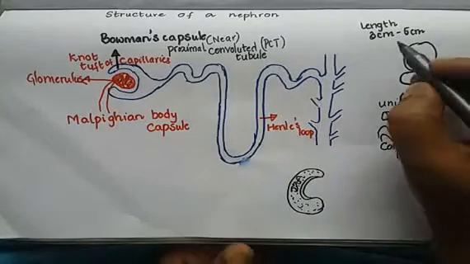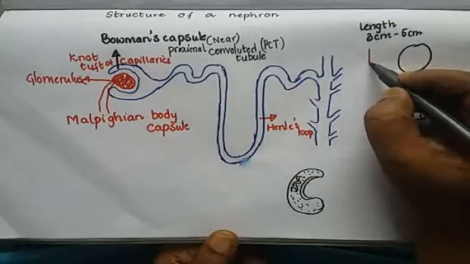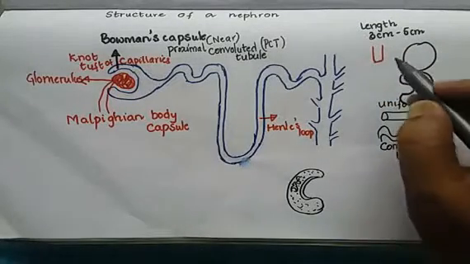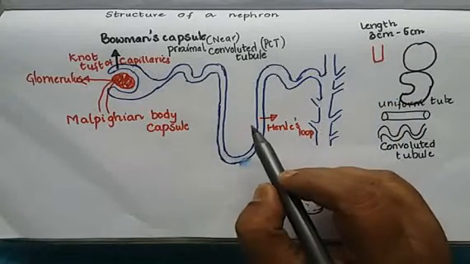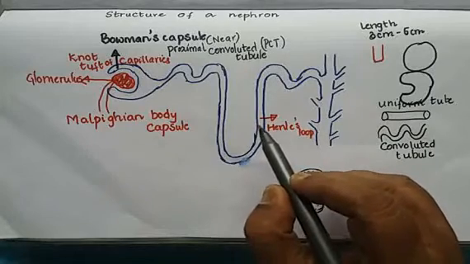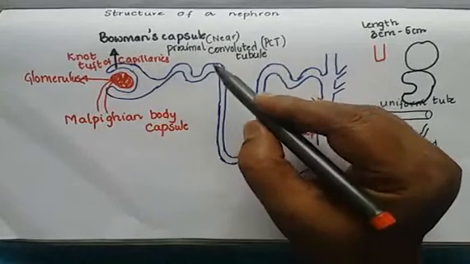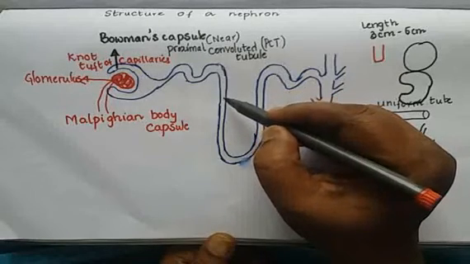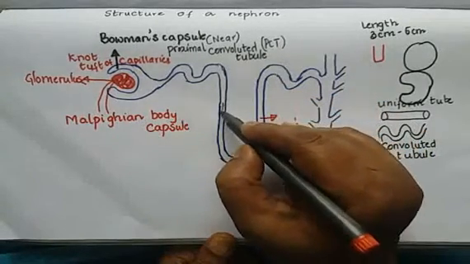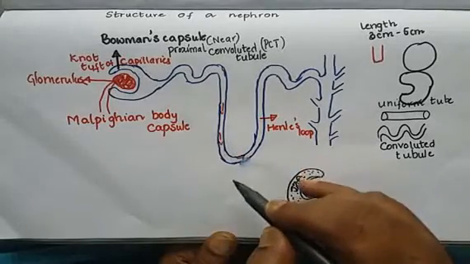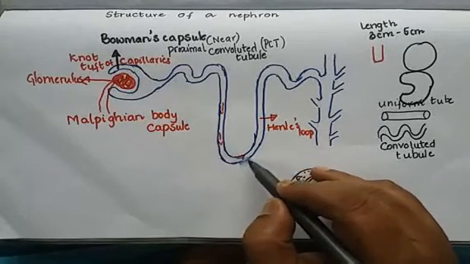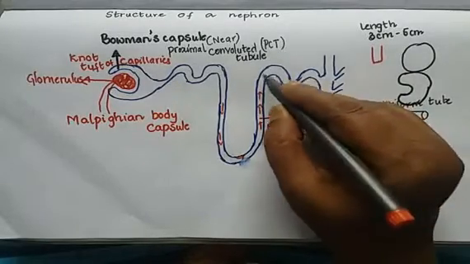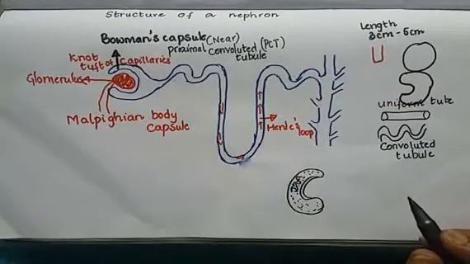This tube resembles a U-pin, and this loop of Henle arises from the cortex region, moves down, enters into the medulla, takes a turn, and then again moves upward and re-enters into the cortex.